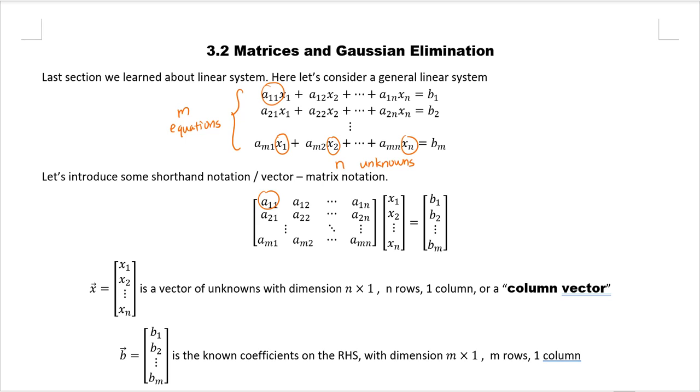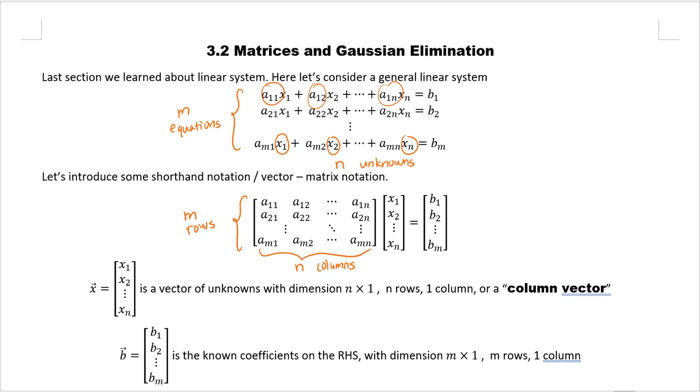A11 is here, A12 is here, and then A1n is there. So you can see we have m rows that correspond to the equations, and n columns that correspond to the unknowns.